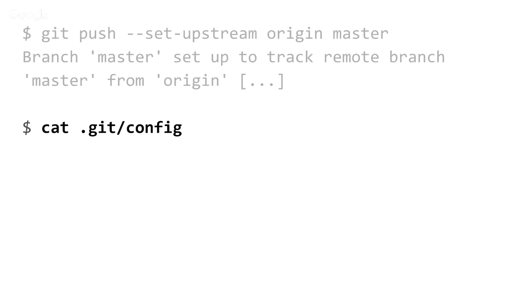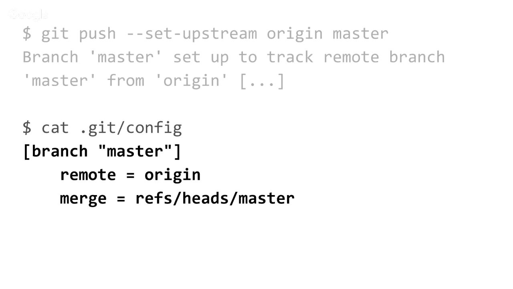And Git actually needs to save this information, and it saves it in the .git config file. There could be many things inside this file, but one of the pieces of information is the branch master section.